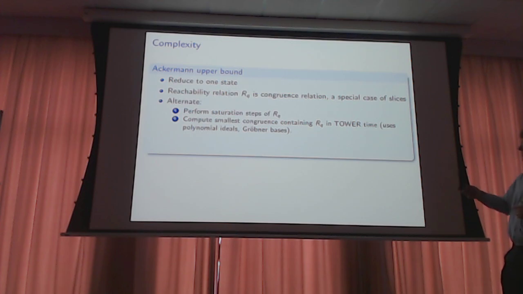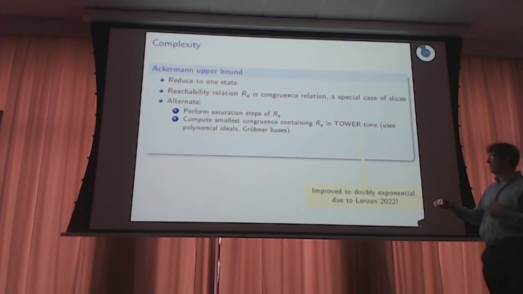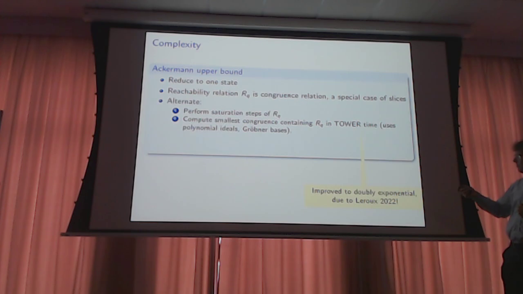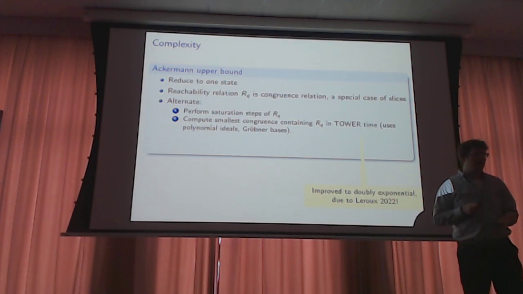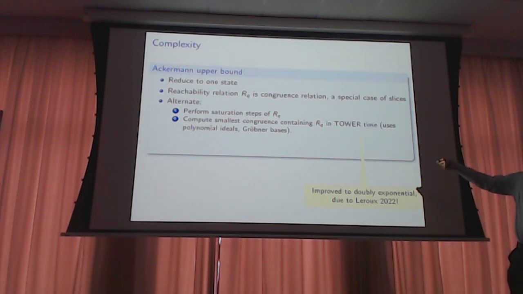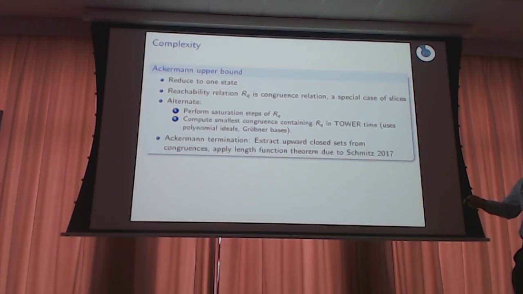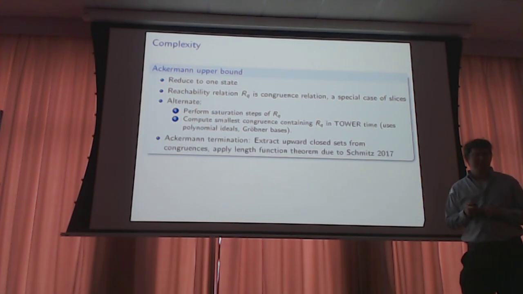This one can do in tower time, and as Jérôme Leroux has shown, this step could even be done in doubly exponential time. But this wouldn't improve the overall upper bound, because this tower operation is only one step in the algorithm. Termination is then guaranteed by a length function theorem.